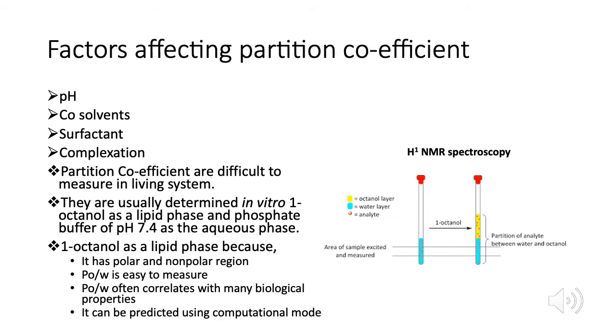1-octanol is used as the lipid phase because it has a polar and a non-polar region. I've written here P o/w, which means the partition coefficient of n-octanol over water. That's easy to measure. Also, P o/w is often correlated with many biological properties, and it can be predicted using computational models.